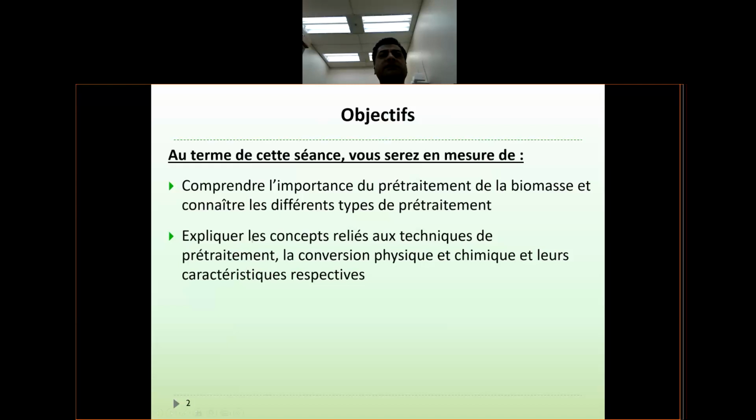Second objective is to explain the concepts behind the techniques, to understand each physical treatment and chemical treatment and the related characteristics of biomass that are involved, and at the end we are going to find out which pre-treatment is advantageous, plus its disadvantages over other techniques.